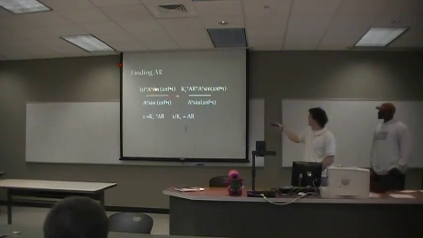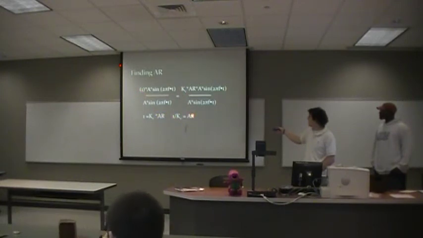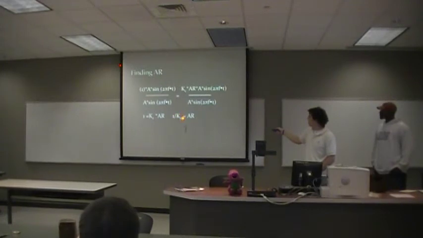So we cross out the A sine, and we have 1 equals Kc AR, and to solve for AR we divide by Kc, so we have 1 over Kc equals AR.